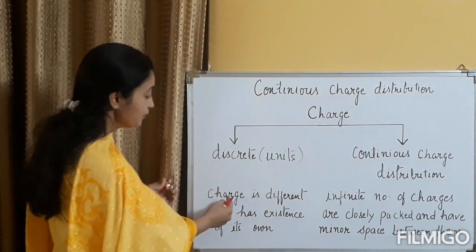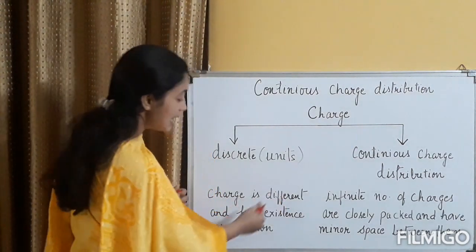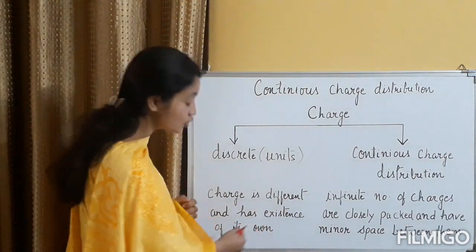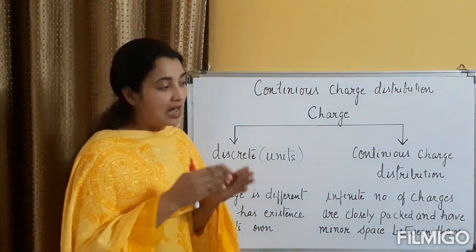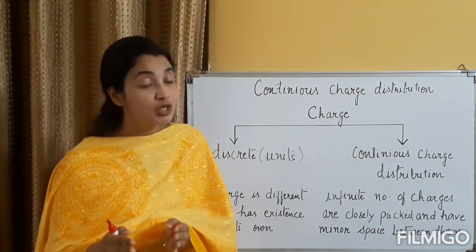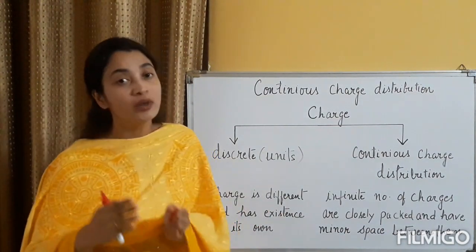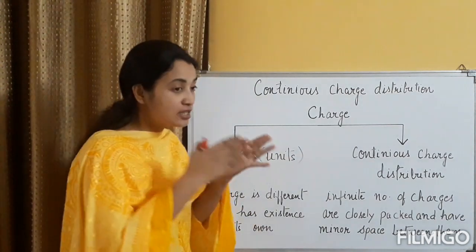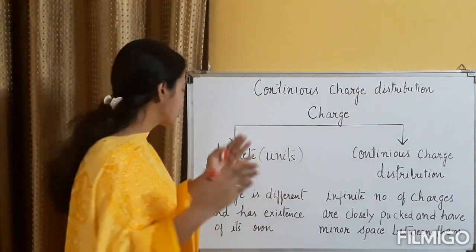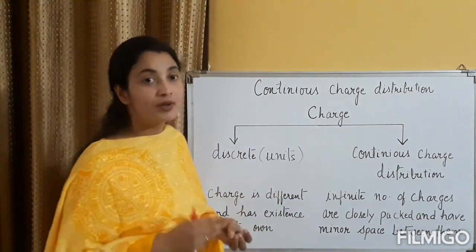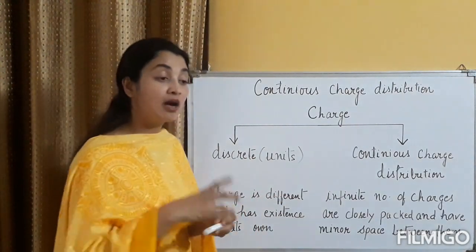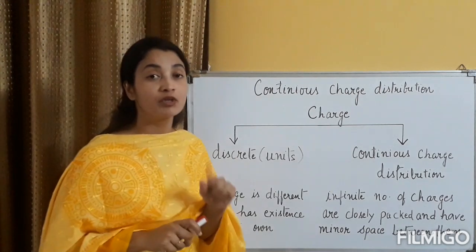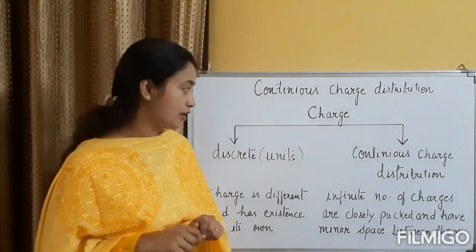When the charge is different and has an existence of its own, it is different, segregated, and countable. We have already seen this aspect in one of our previous episodes when we were talking about quantization of charge.